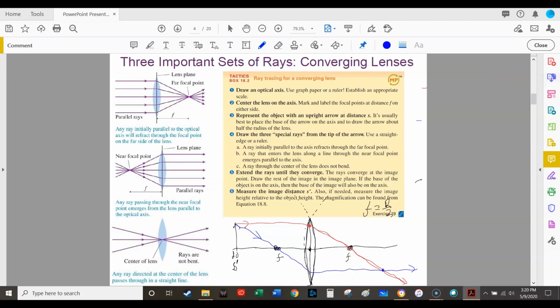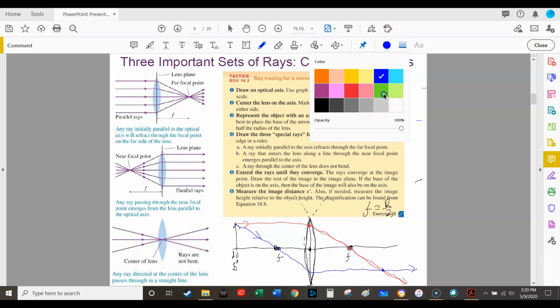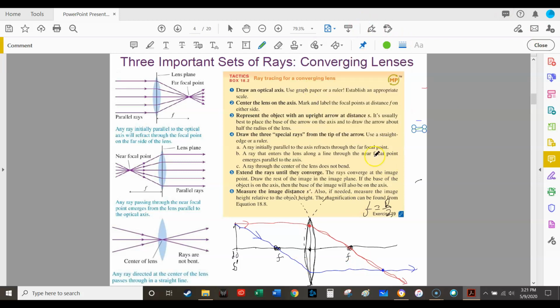Even though we don't have to draw this third one, I like to just be sure, and I'm going to use green to draw it. This last one goes from the top of the object down through the center of the lens and then continues on in a straight line. This would be like the light ray we did with the mirror, reflecting off the center of the mirror and bouncing at an equal angle.